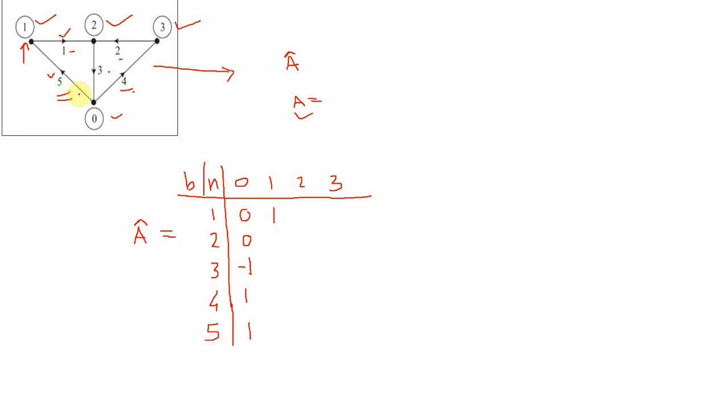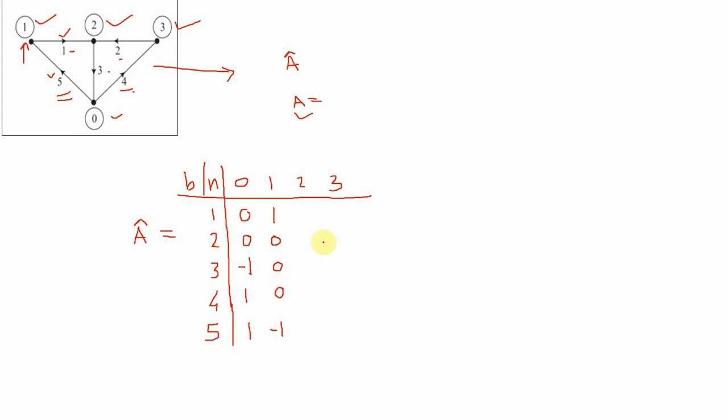Now branch number 5 is incoming towards the node, right? Incoming means minus 1, so here I am going to write minus 1. Now the other branches are not connected to this particular node number 1, so I am going to simply write 0. If there is no connection for the particular node, then we simply write 0.